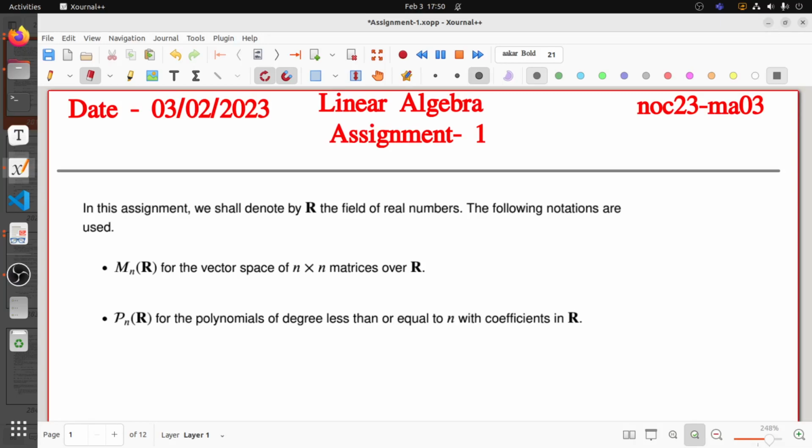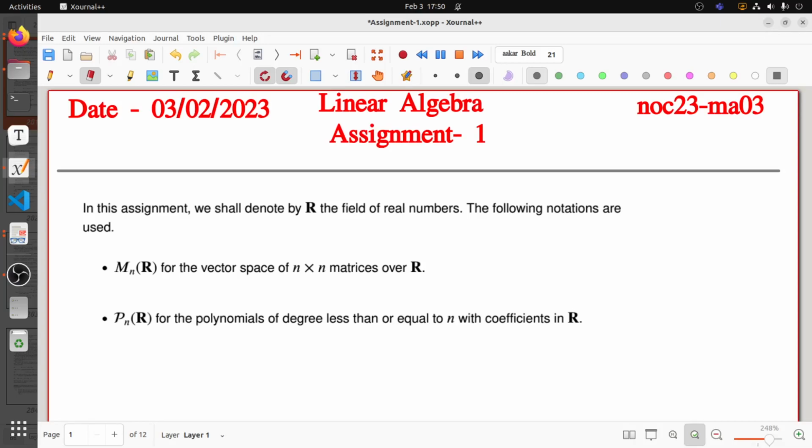This follows as usual multiplication in real numbers R is commutative. So u dot v equals v dot u.